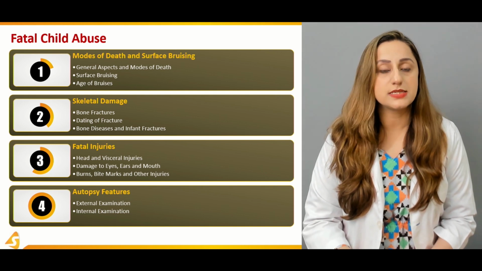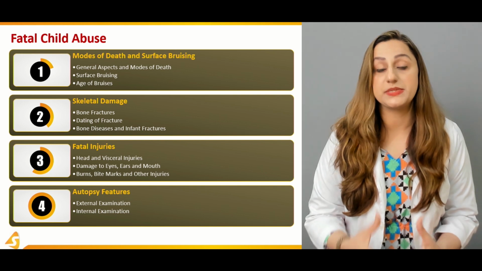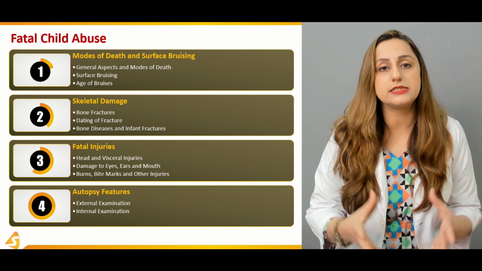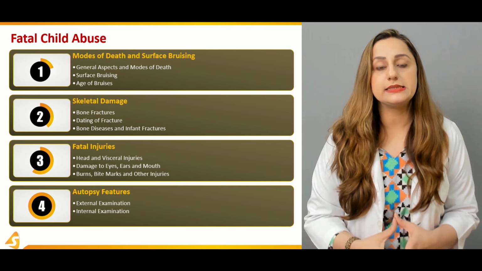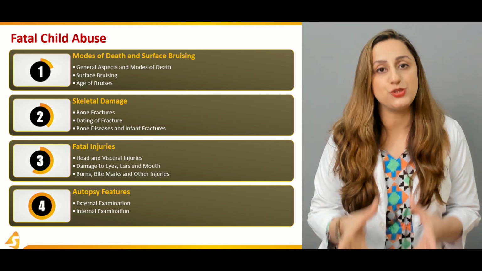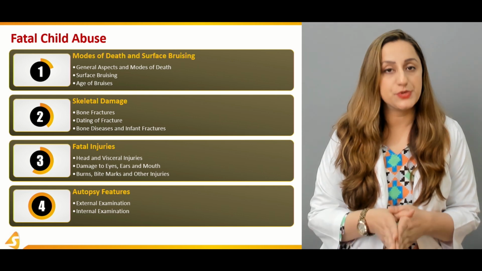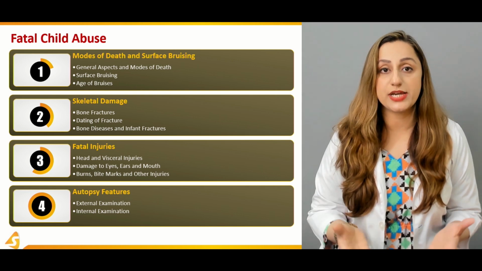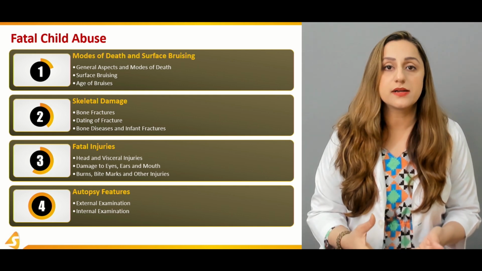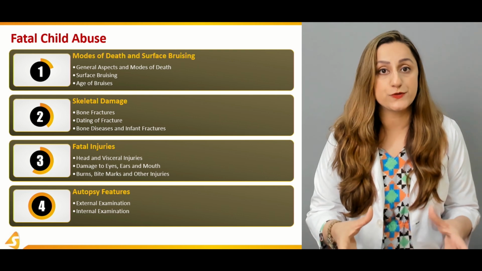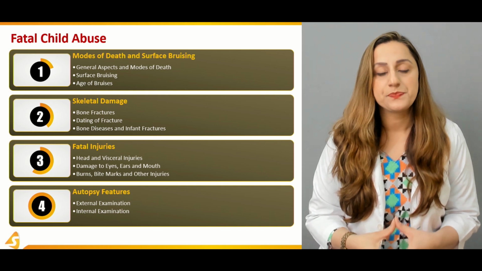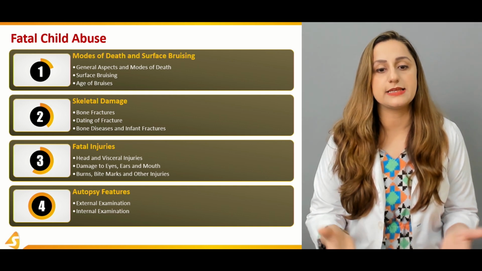If it is suspected that abuse has occurred in a particular case, you have to have a particular clinical examination, and if the child is dead and we're performing an autopsy, then there should be a complete examination of the ear, the mouth, and the nose, etc. Some children are subjected to burns, hot temperatures, scalds, and bite marks are also important. They have to be looked for, and they point towards specific kinds of domestic violence. Other injuries are also included in these fatal injuries.